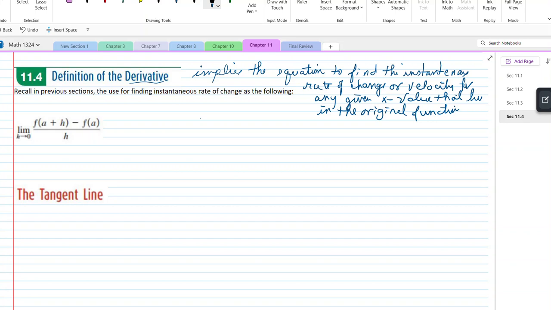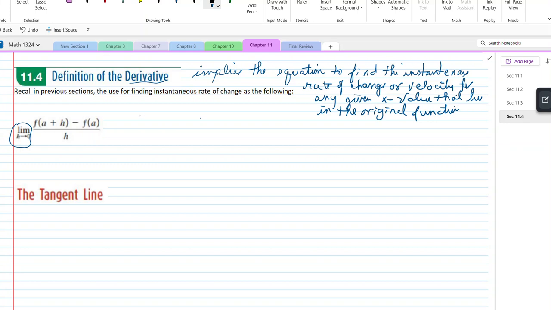In the previous sections, to find instantaneous rate of change, we found the limit as h approaches 0 of any function given some value a. I like to do the derivative first and then insert a divided by h.